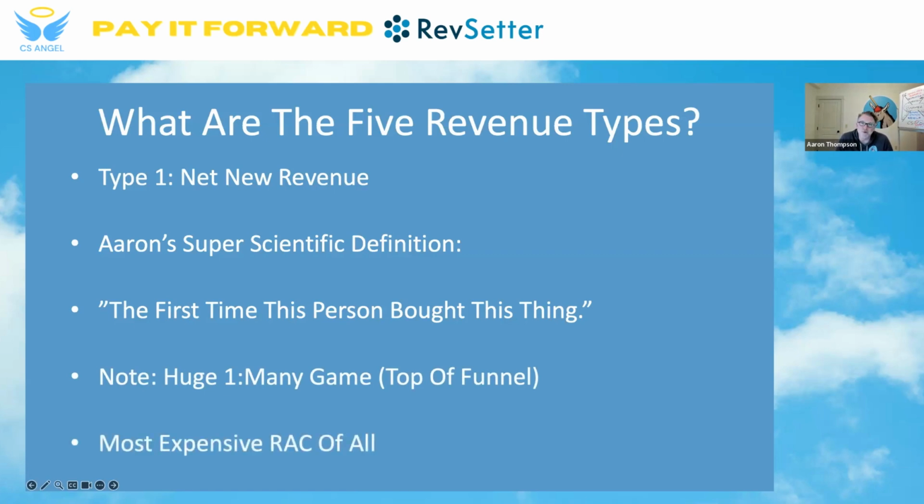And from a revenue acquisition cost, this is the most expensive revenue we will ever acquire. Because of that one-to-many, it is incredibly expensive to acquire customers that way. In fact, most organizations spend 40% of their available capital at the top of that funnel.